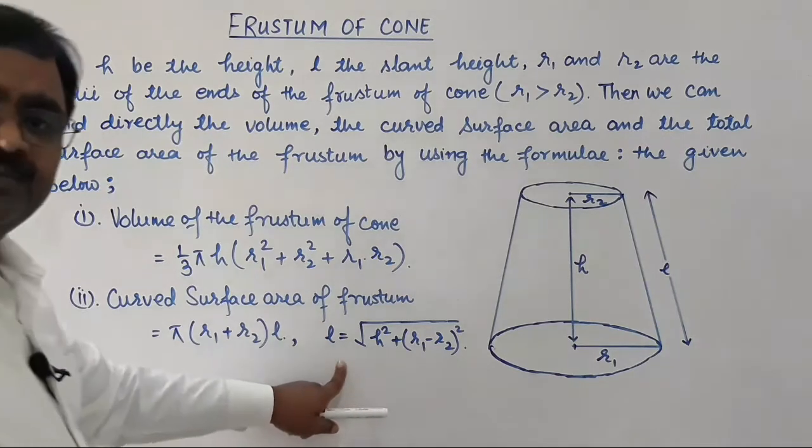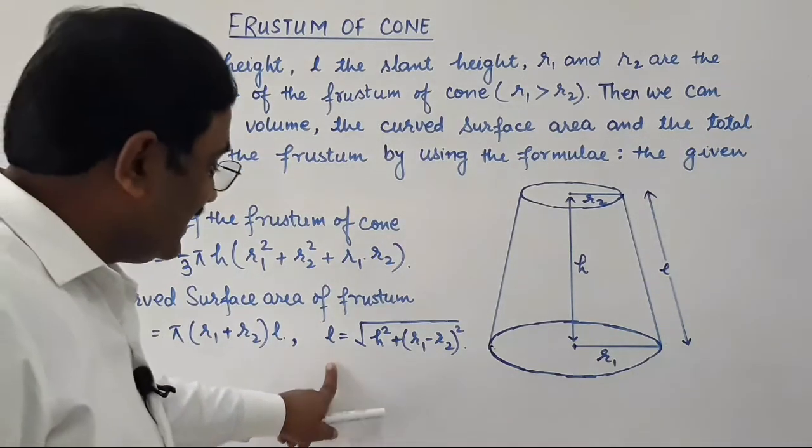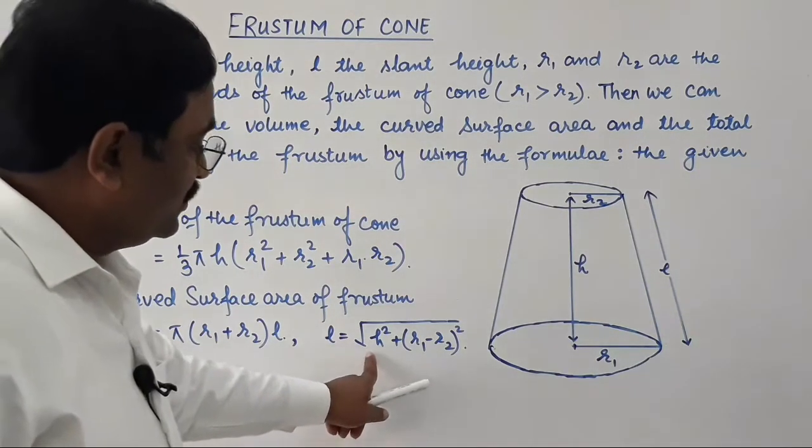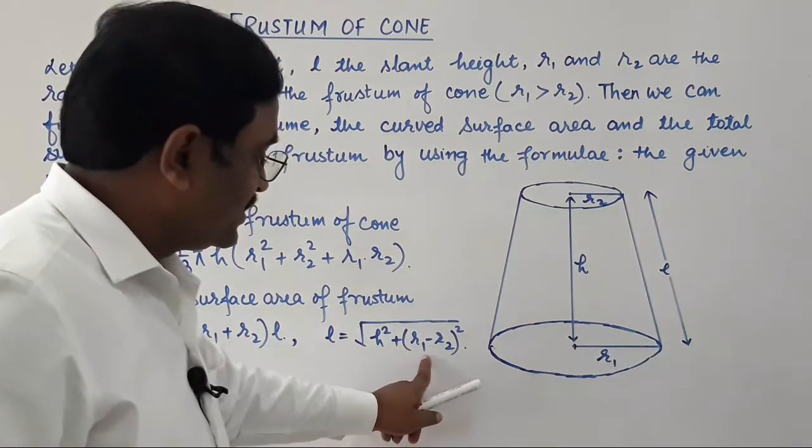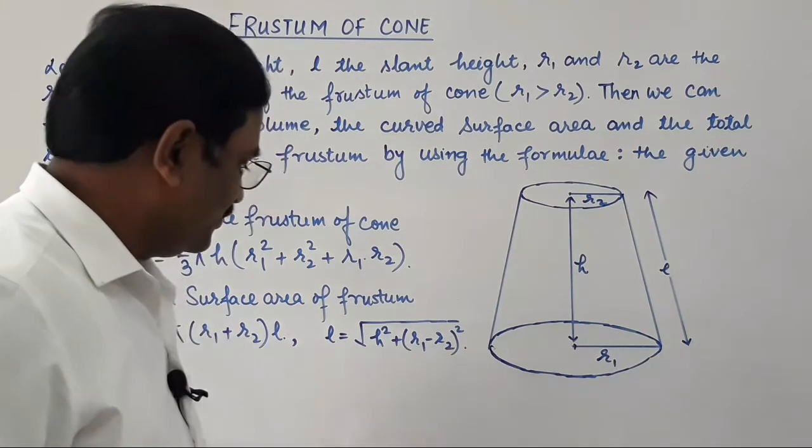With the help of this formula, we can get the slant height L is equal to square root of h square plus (R1 minus R2) whole square.